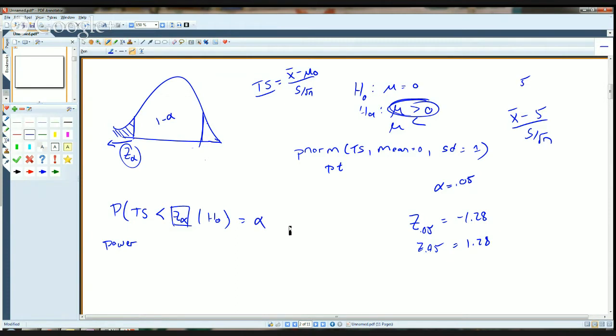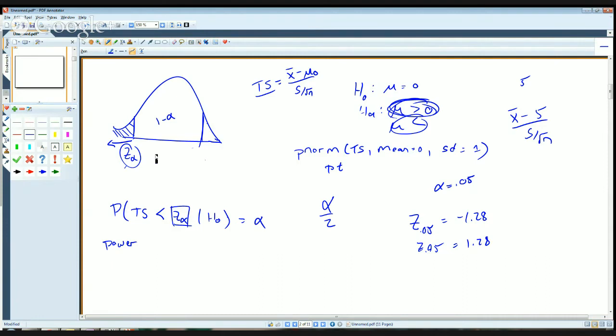There's only a couple of rules you have to follow. If it's less than, you're going to pick the lower quantile. If it's greater than, you're going to pick the larger quantile. And if the test is two-sided, you want to make sure you get the alpha over 2 quantile, and you want to compare the absolute value of your test statistic, i.e. throw out your test statistic sign, and then take the positive one of the Z1 minus alpha over 2 and Z alpha over 2.